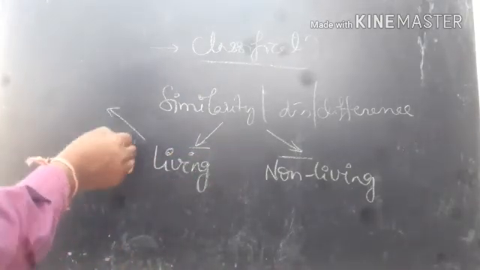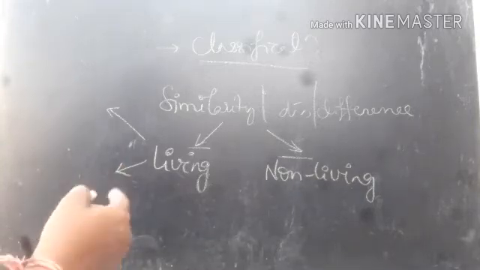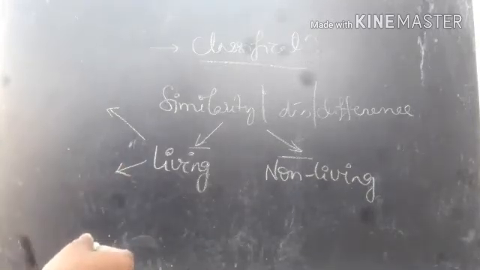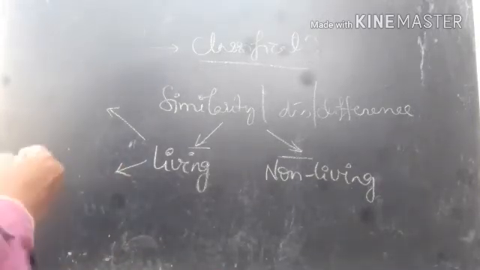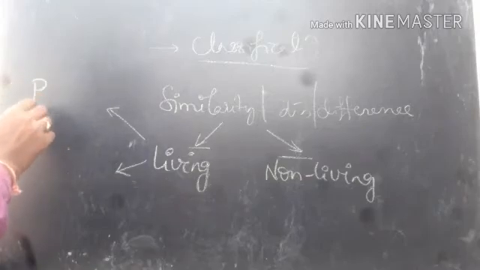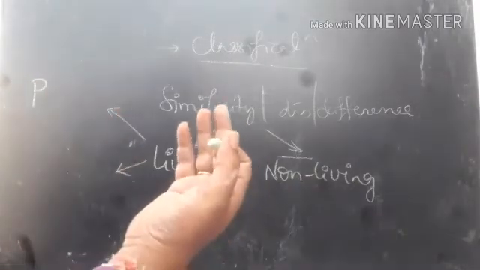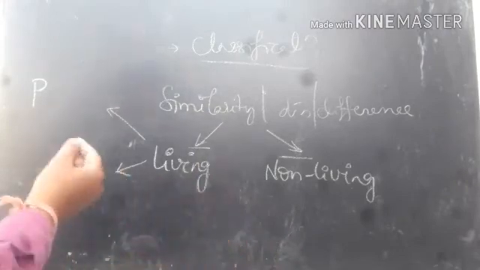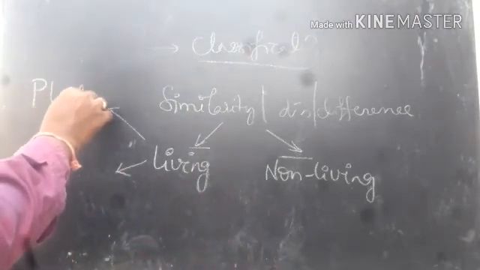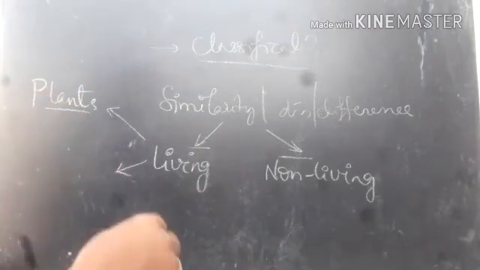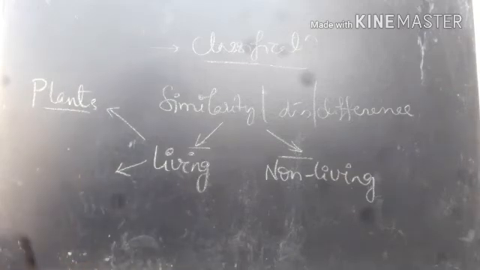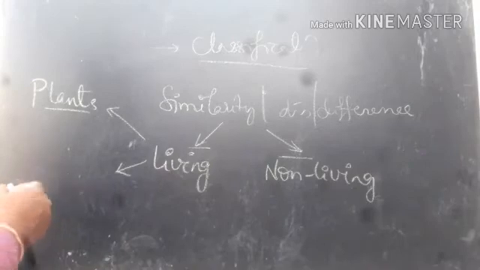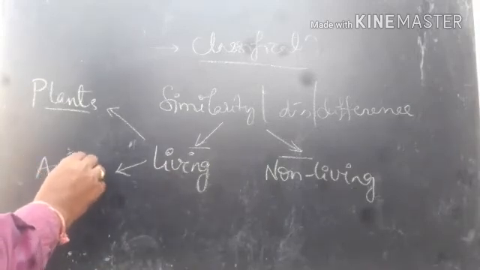These living objects are again divided into two types. What are they? Number one, living things that prepare their own food are called plants. They are able to prepare their own food, so they are plants. Next, the living things which depend upon others for food are called animals.